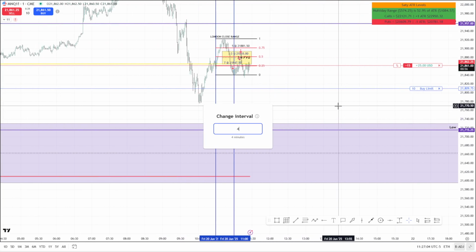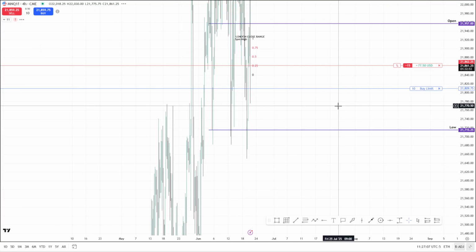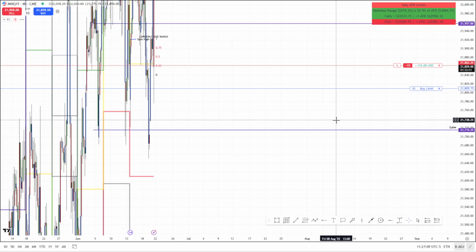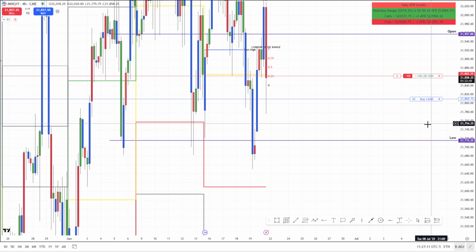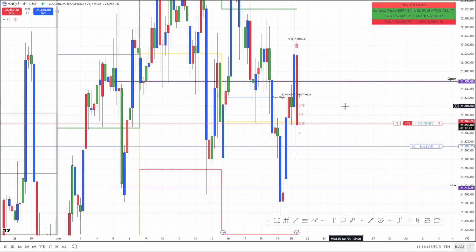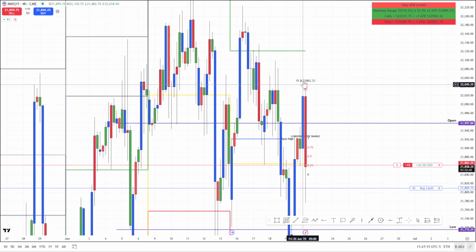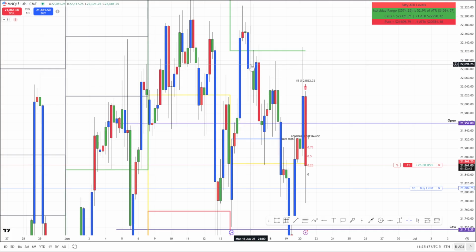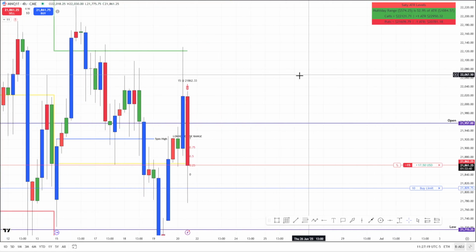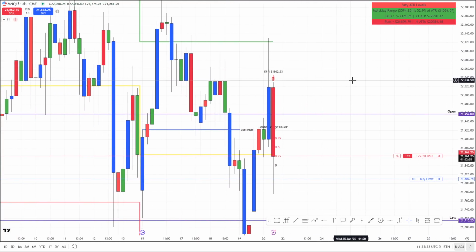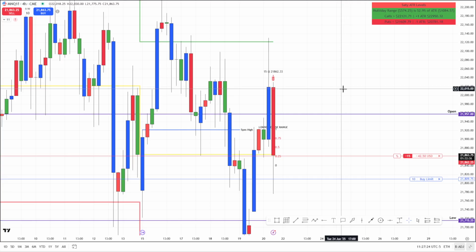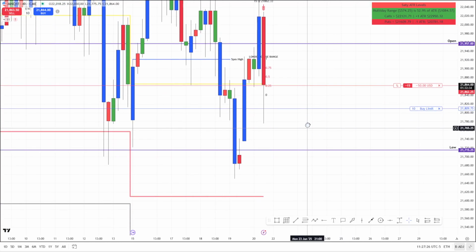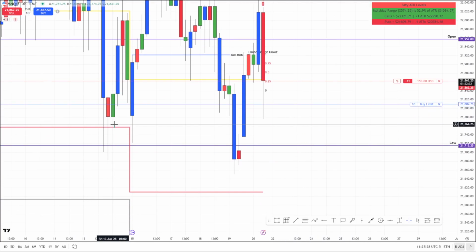If we go to the 4-hour, see if we have any confluence for the 4-hour. Okay, so we have price that ran all the way up. What do we have down here?